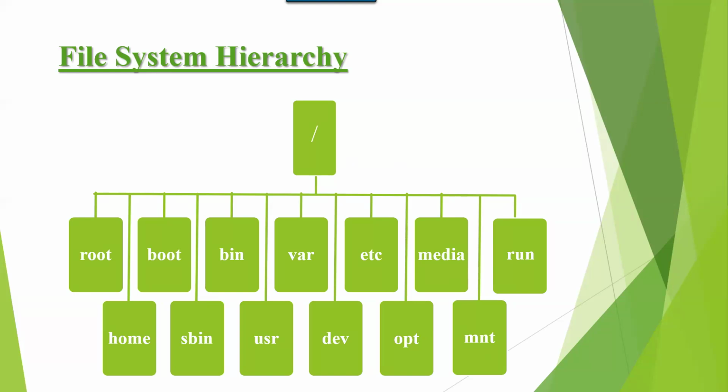That information is stored under MNT. Run contains removable devices information and kernel information from version 7. Run contains the details. So these are the directories we have in Linux.